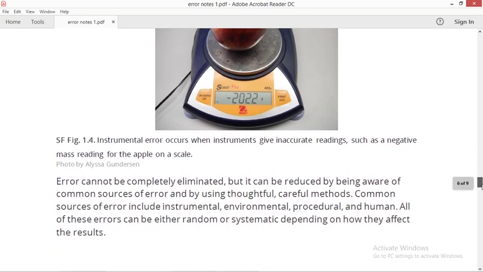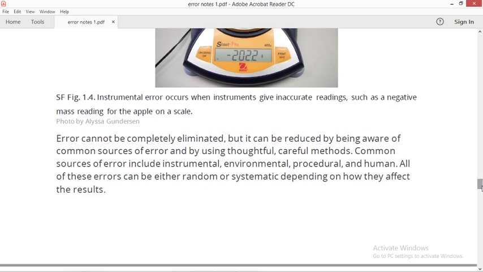That is the bias. Errors cannot be completely eliminated, but they can be reduced by being aware of common sources of error and by using thoughtful, careful methods. Common sources of error include instrumental, environmental, procedural, and human. All of these errors can either be random or systematic depending on how they affect the results.